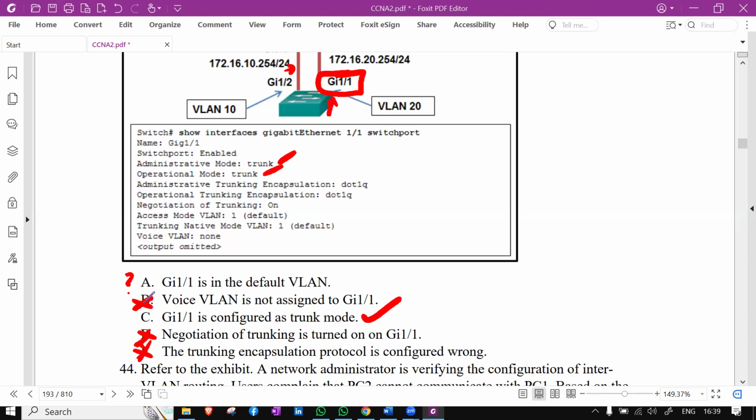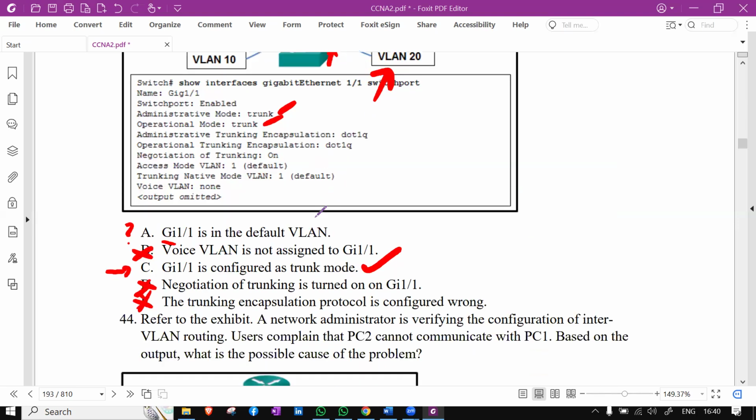So my answer by elimination, I'm sure about this one. Giga Ethernet is in the default VLAN. Since it is access, this port should be associated with VLAN 20 instead of the default VLAN.